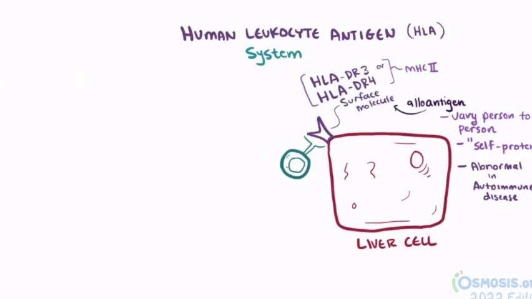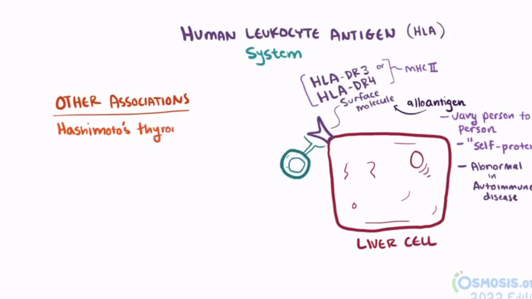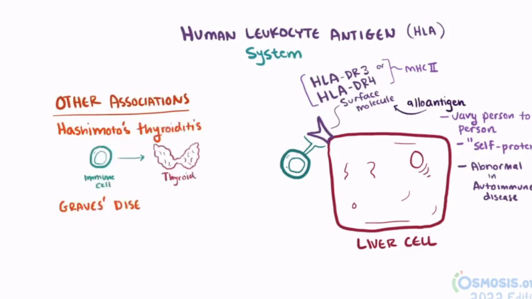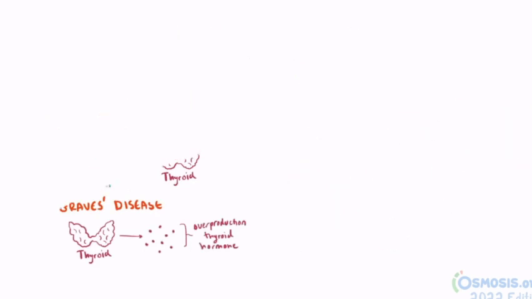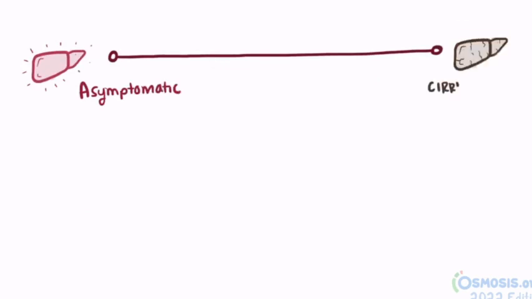Autoimmune hepatitis also tends to be associated with other diseases like Hashimoto's thyroiditis, where your immune cells attack your thyroid, and Graves' disease, where your thyroid overproduces thyroid hormones. Clinically, autoimmune hepatitis patients can sit anywhere on a spectrum from completely asymptomatic to cirrhosis and fulminant hepatitis, also known as acute liver failure.